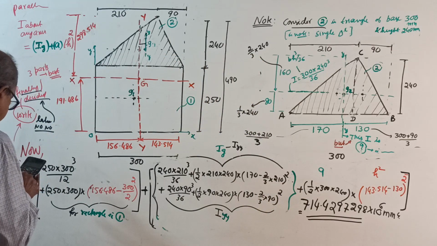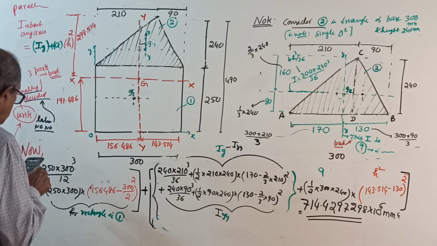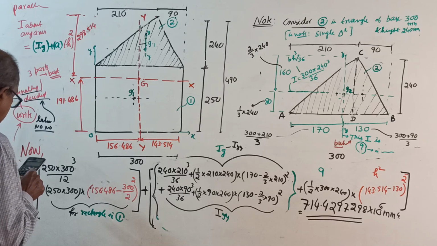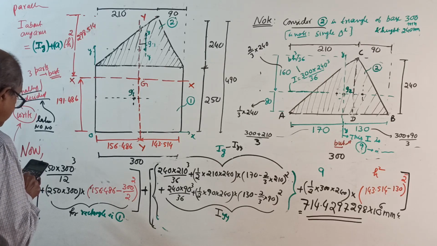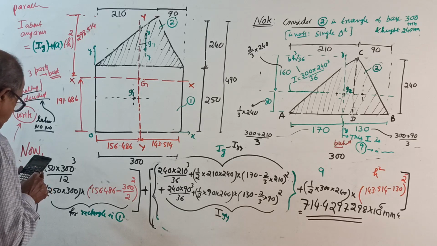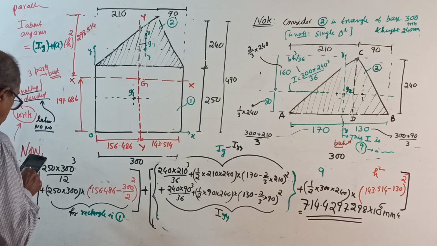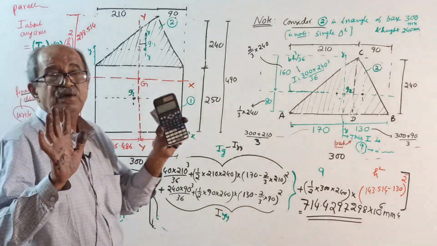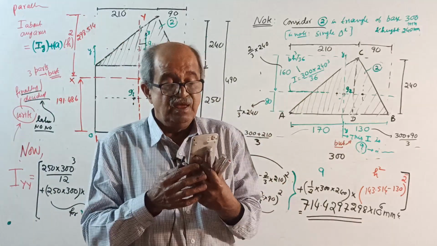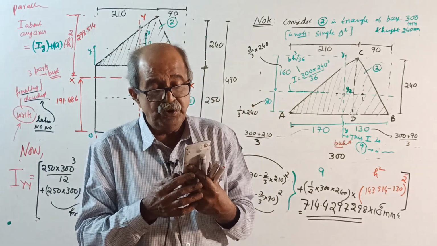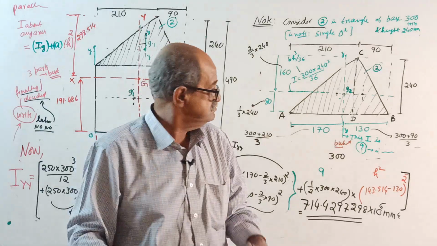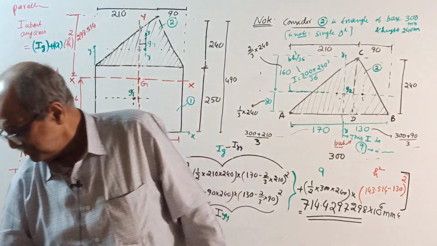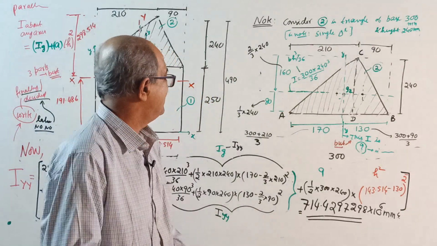Plus 250 into 300 cube divided by 12 plus 250 into 300 into bracket 156.486 minus 150 close square, divided by 10 to the power 6. Slowly I am doing. I am not looking at the board. 714.4297298. Yes. Okay, over.